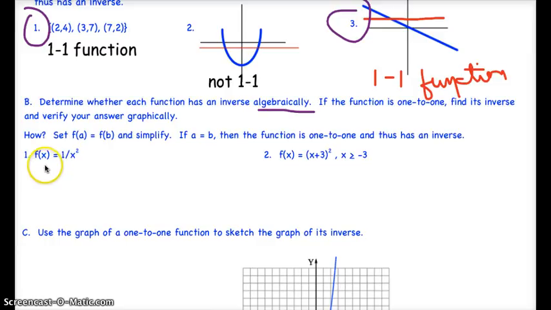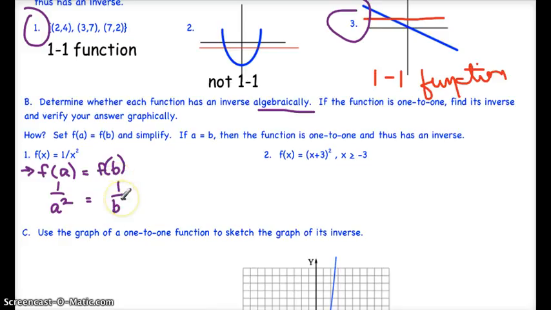I want to determine if f of a is equal to f of b, or I'm setting them equal to each other. I'm performing my test. So that gives me 1 divided by a squared equals 1 divided by b squared.